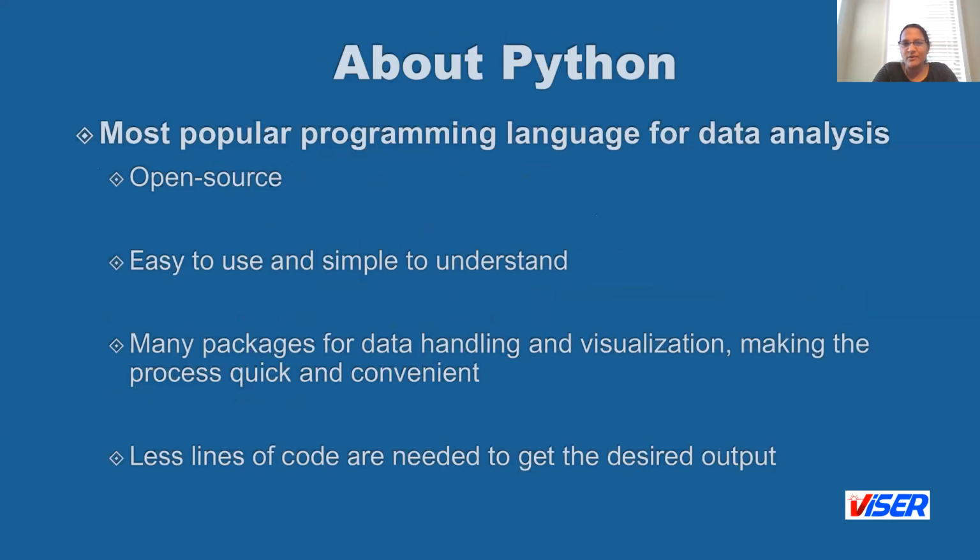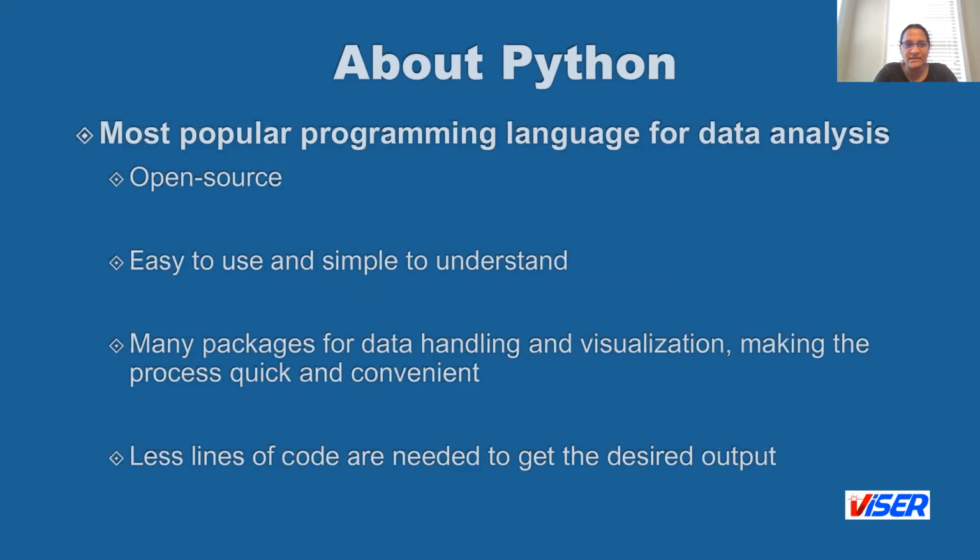This is something from what we have already done in the last class, and I won't spend too much time on this. Python is one of the most popular languages these days, especially for data analysis, and these are some of the reasons why. First is open source.